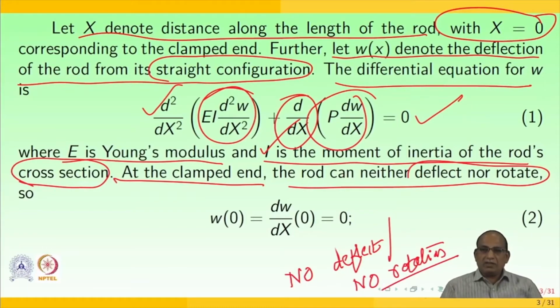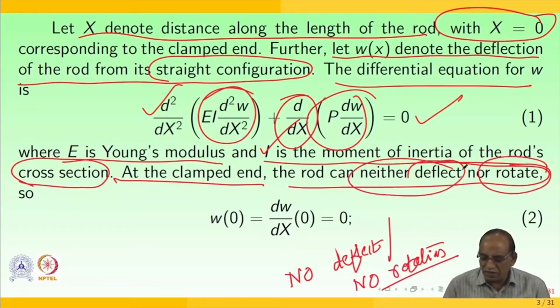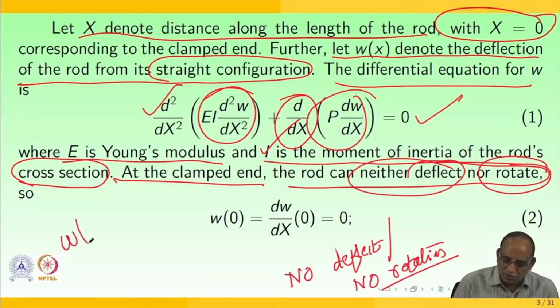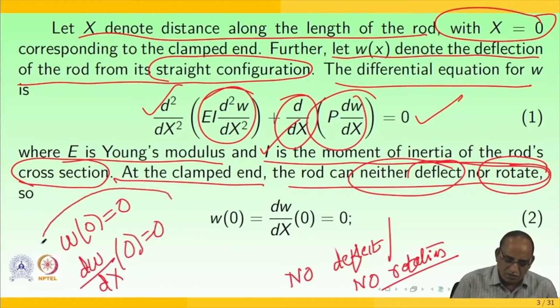So you will have W of 0 is 0, dW by dX of 0 is equal to 0.